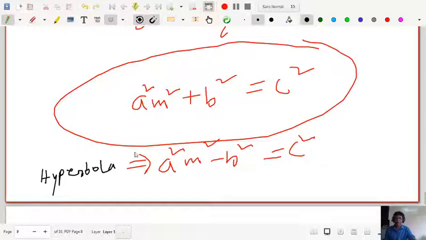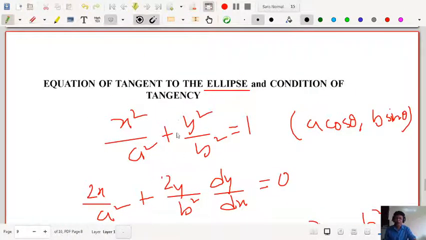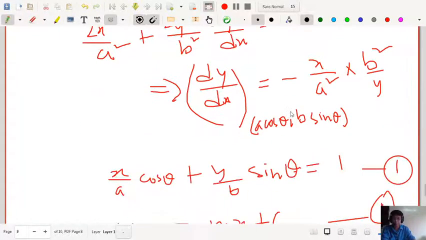And you know that in the hyperbola equation you will have a minus here. The only change is that you have a minus here. Okay, so this is how you will deal with different types of curves: parabola, ellipse, hyperbola, circle and all that. And I talked about the condition of tangency, which is very, very important.